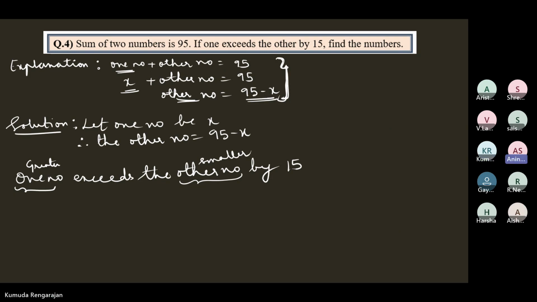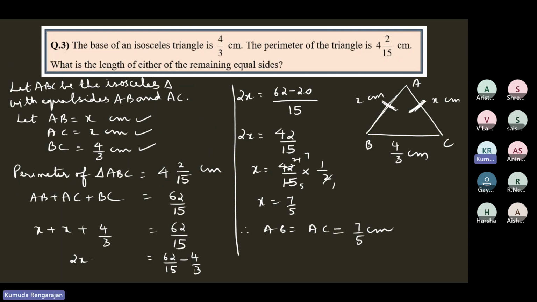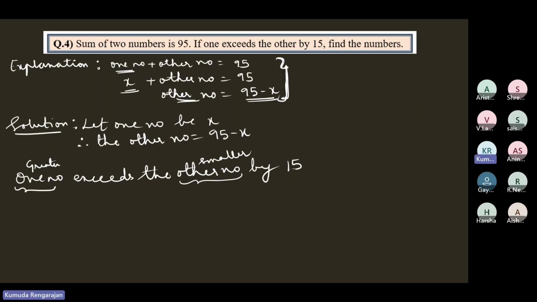I assumed one number to be x and the other number to be x plus 15. Oh, okay. Yeah. You have used the second part for assumption. Okay. Can you see my screen now? Yes, ma'am. I'll just take a photo. Yeah, I'll do it that way also.